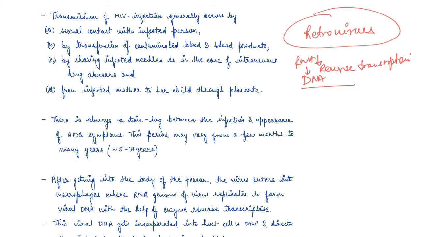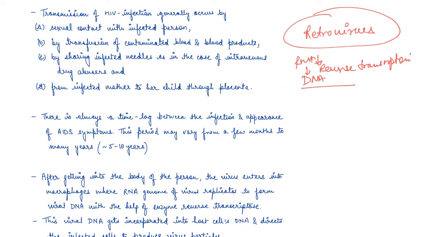Now we have already seen how they are transmitted. They are transmitted by sexual contact, transfusion of contaminated blood, sharing infected needles, and from an infected mother to her child, right? So guys, always remember that there is a time lag between the infection and the symptoms of that infection.